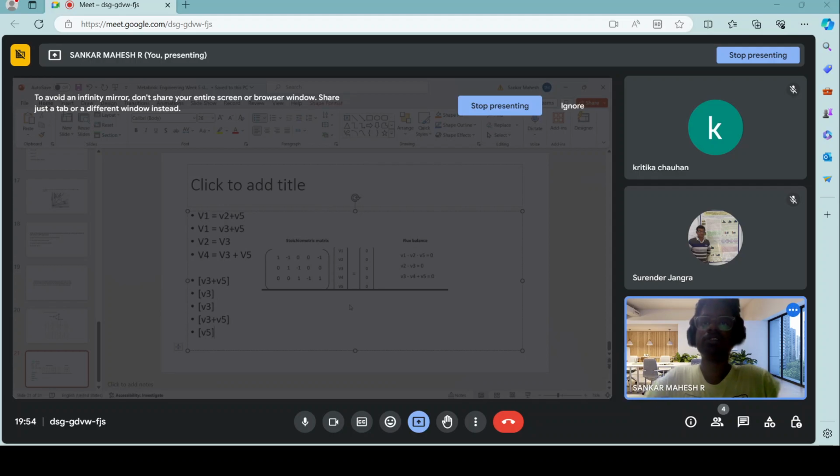Is this clear? Now you got this. Now you have to decompose this matrix into a combination of two vectors. How can we do that?